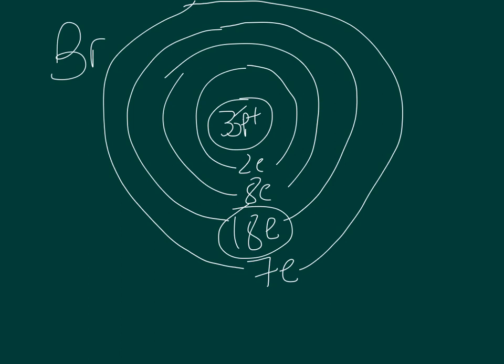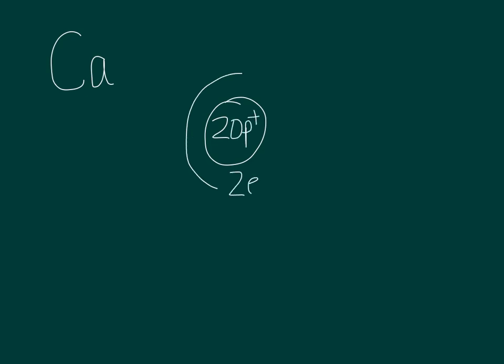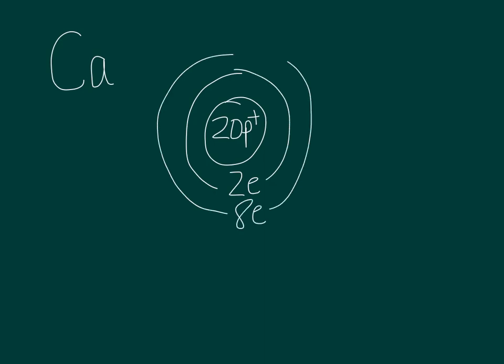Let's go back and take another look at that periodic table. Let's take a look at one more element. Let's look at calcium. Now, calcium has 20 protons and 20 electrons if it's neutral. That's 2 in the first energy level, 8 in the second. And then we have to ask ourselves that question, is calcium before or after gallium?